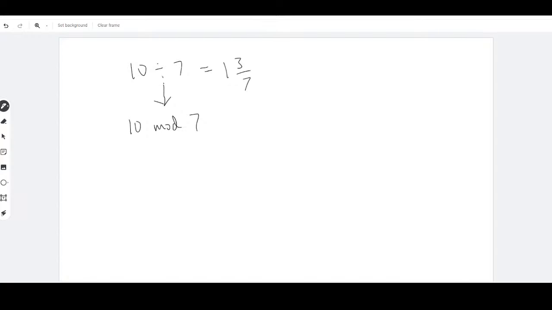You would get a remainder of 3, so 10 mod 7 is equal to 3. You can see that this is congruent to 3 mod 7. For now, you can just think of 10 mod 7 as equal to 3 because if you divide 10 by 7, you have a remainder of 3. Does that make sense so far?